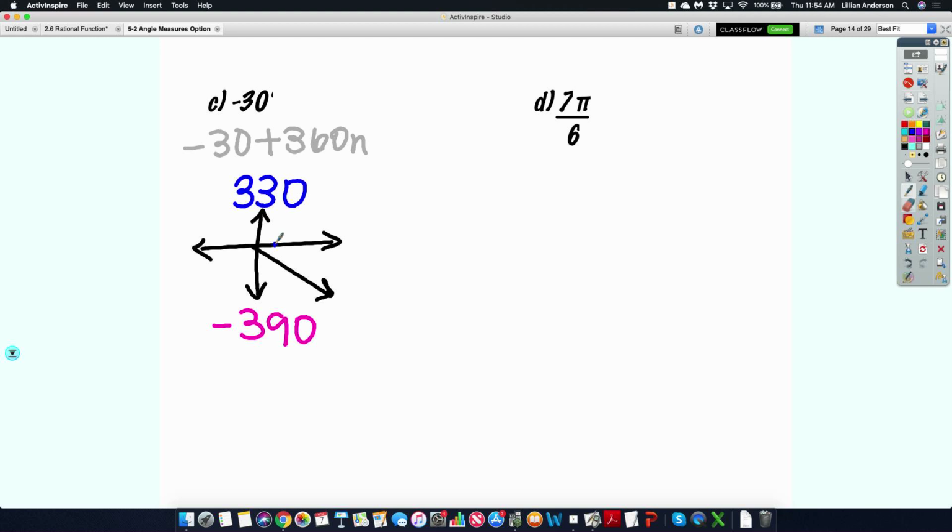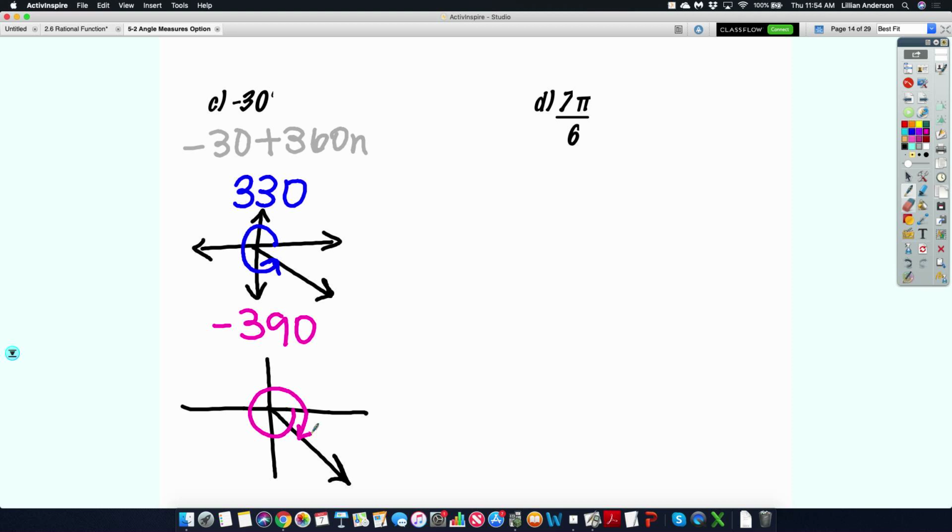Positive x-axis going counterclockwise, ending at my terminal side. For negative 390, my angle is still in the fourth quadrant, but this time when I start on the positive x-axis, I go which direction? Clockwise. I pass it the first time, but then I end when I get back to it. Okay?